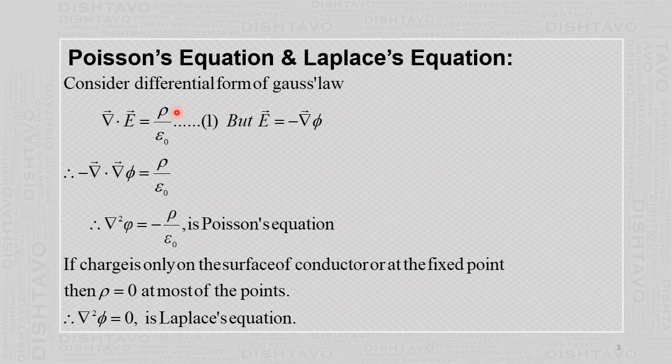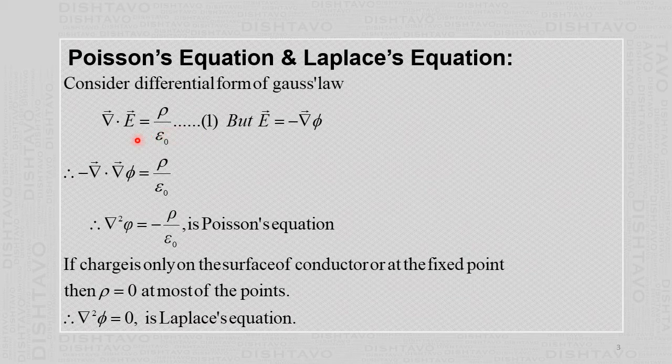of the charge distribution. We have also seen in the previous chapter that the electric field can be written as minus gradient of phi, that is minus del phi, and phi here is the potential. So we substitute E equal to minus grad phi into this differential form of Gauss's law.